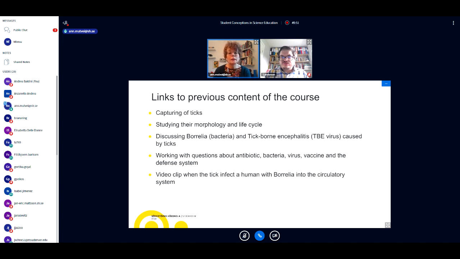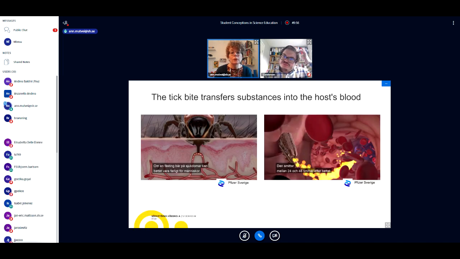And we also looked at a video clip which was made by Pfizer for the Swedish people to be aware of ticks and infection and getting vaccinated. So here you see, for instance, a picture from the video clip where you see the tick biting and then going through the skin and into the circulatory system.